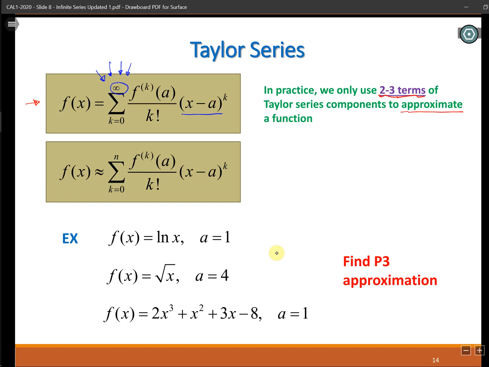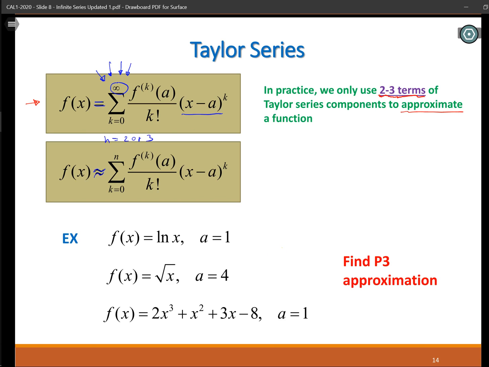So with the infinite terms, f(x) would be equal to the whole series. But if you take only 2 or 3 right here and make it equal to that, what we have here is just the approximation. Alright. If you want to make it equal, take all the infinite terms.